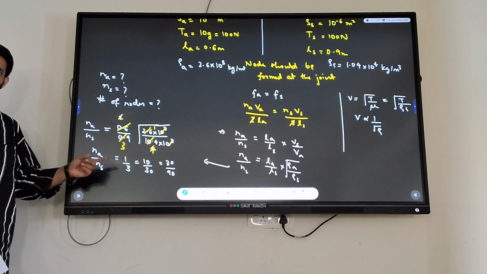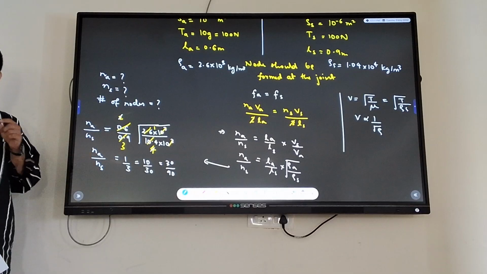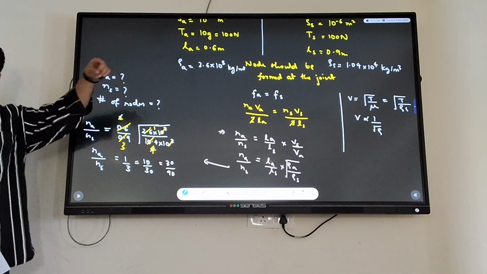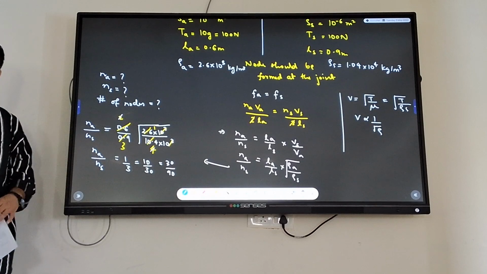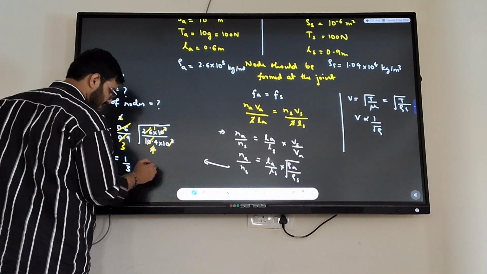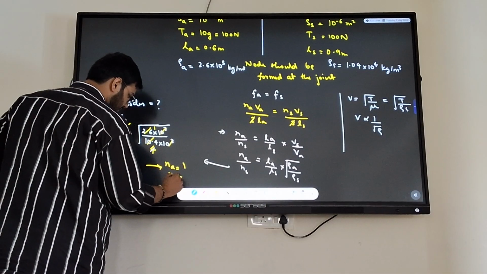Do you understand why I can make the direct comment? Because they are asking about the lowest possible value. You can make some factors, but that will only lead to higher and higher modes. Yes or no? So I can in general say, then what is Na? So Na equal to 1 and Ns equal to 3.